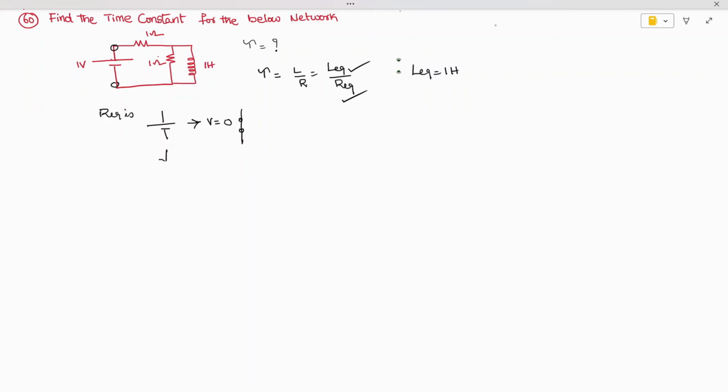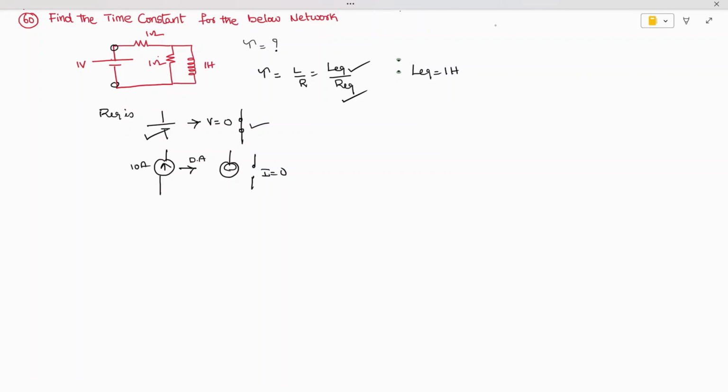If you have a current source, let us assume a current source of 10 ampere, deactivate this current source. When you deactivate the current source, automatically the current becomes zero and the network acts like an open circuit. Therefore current is equal to zero. Just keep it in mind. If you have a voltage source, deactivating it means short circuiting. Deactivating the current source is nothing but making it open circuited.